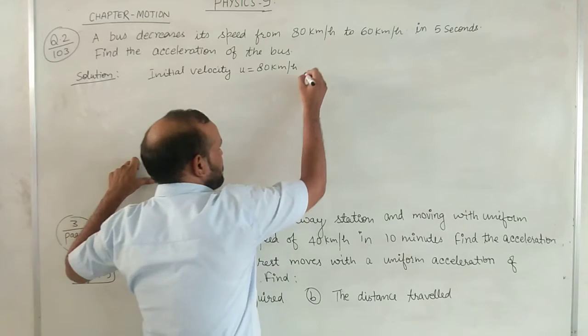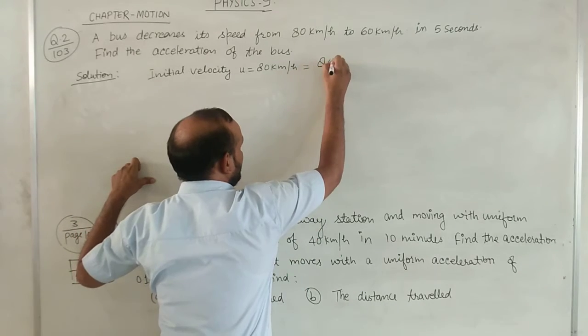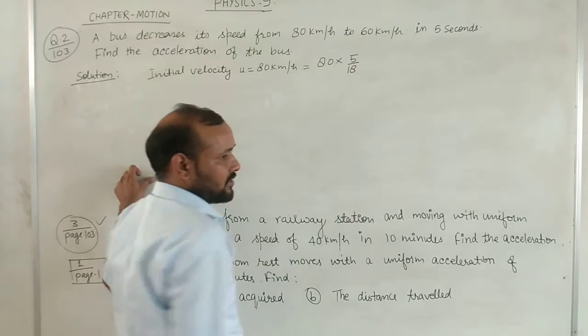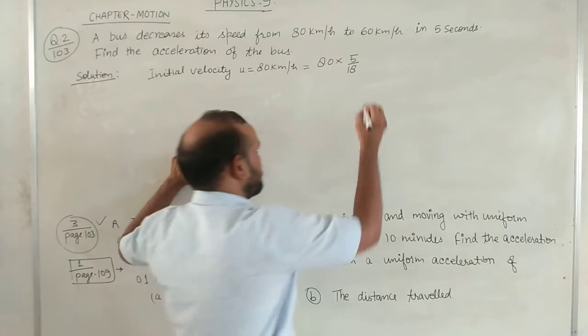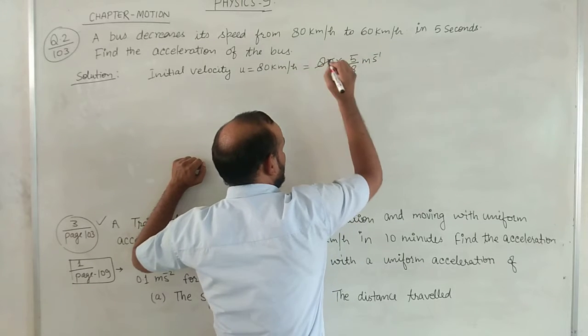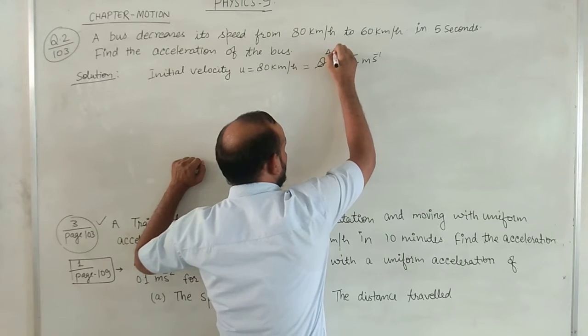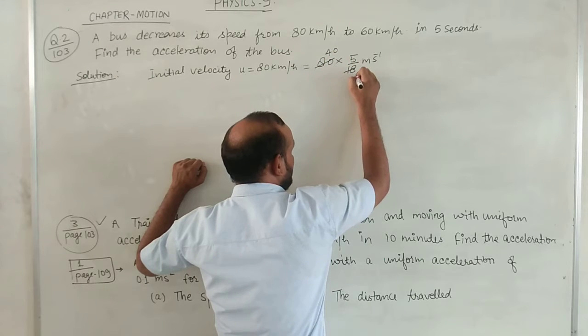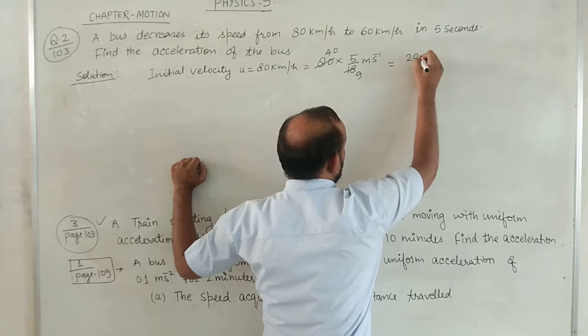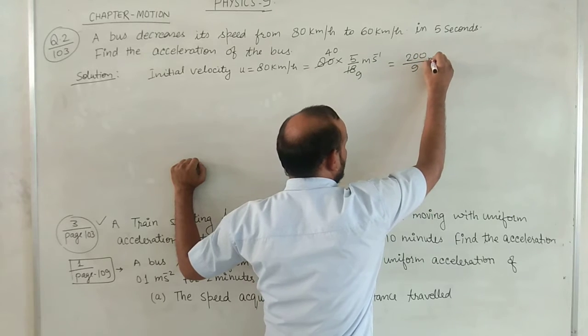This is equal to 80 into 5 upon 18, as I have already discussed. This becomes meters per second. Divide: 2 fours are 8, 2 nines are 18. Then you obtain 200 upon 9 meter per second.